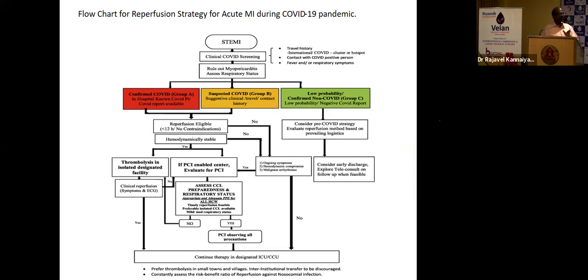We can lyse the patient, then do a coronary angiogram, and then revascularization can be done. If the patient comes directly to a PCI center with a cath lab available, we can do a rapid test and assess the patient, and if hemodynamically stable, we can go directly for primary PCI.